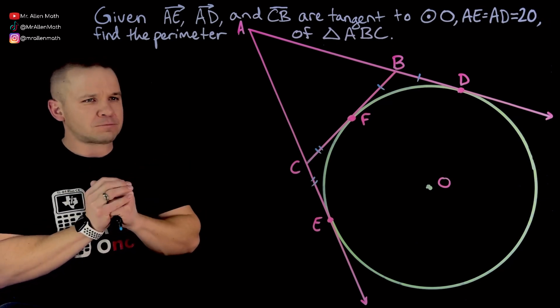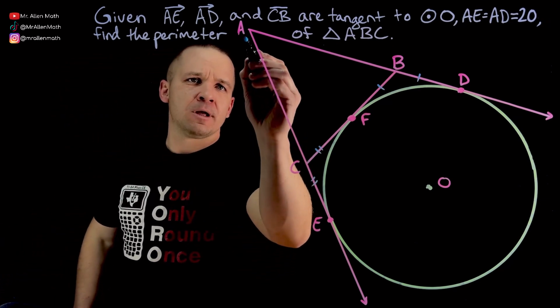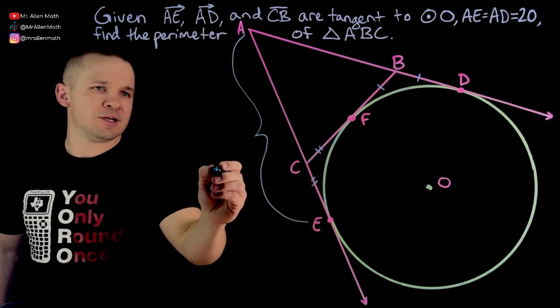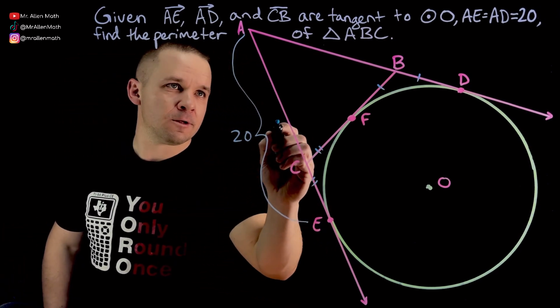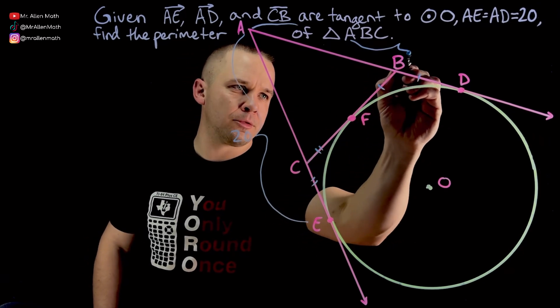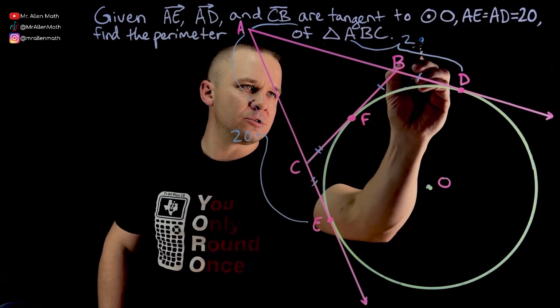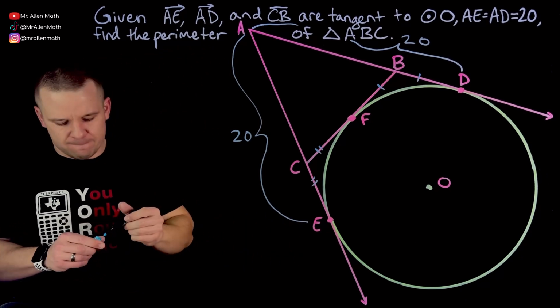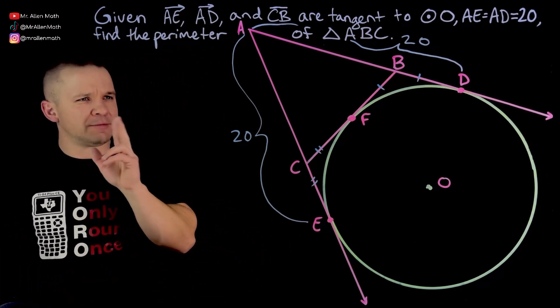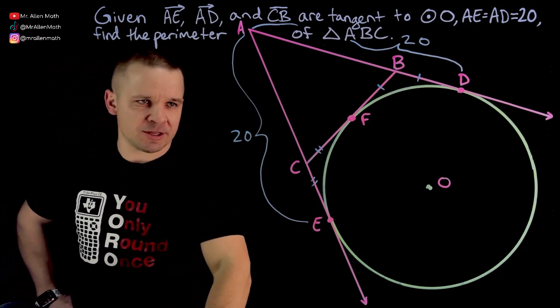All right, so what do I do here? Well, this length right here is 20, and the same goes with this one right here. Let me get these teacher brackets running through here. This is also 20. Check this out.